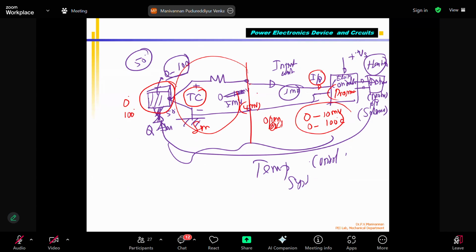Just the sensor, I connect a multimeter, which measures 0 to 10 millivolts. A multimeter is supposed to take 0 current. Theoretically, but most digital multimeters take nanoamps. You have the digital ones. So they take micro to nanoamps. A few nanoamps can be considered close to 0. That's why if I use a digital multimeter across my thermocouple, the loading effect will not be there.